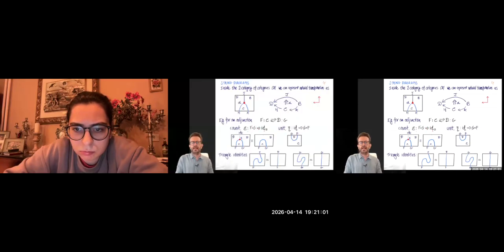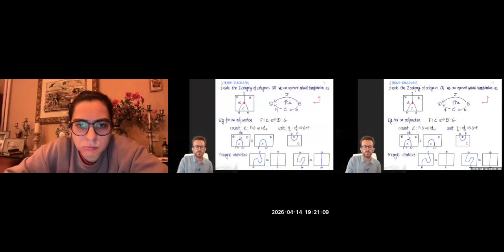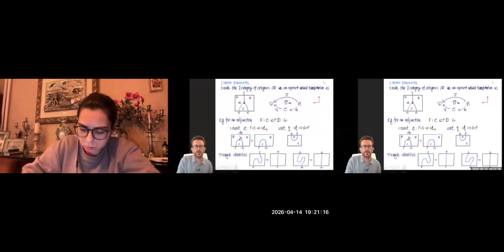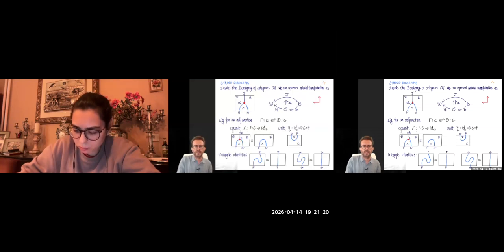Let's look at the co-unit here, going from the left adjoint composed with the right adjoint into the identity. So this would be pictured like this: F composed with G into the identity on D. And epsilon is this natural transformation here. That's how I would represent that in string diagrams.